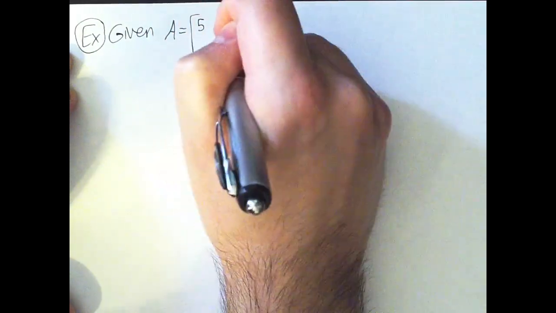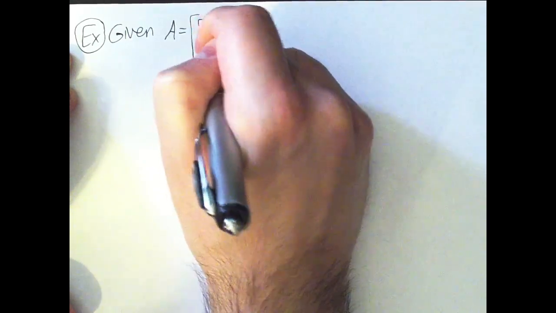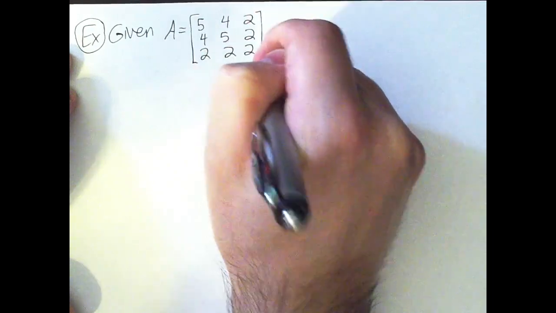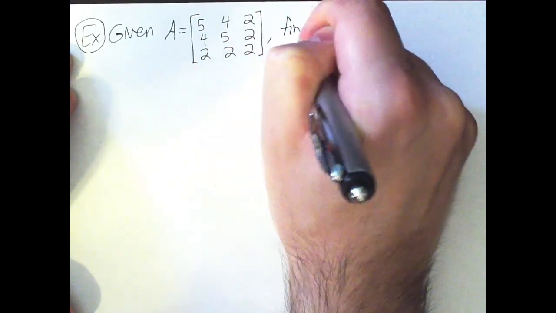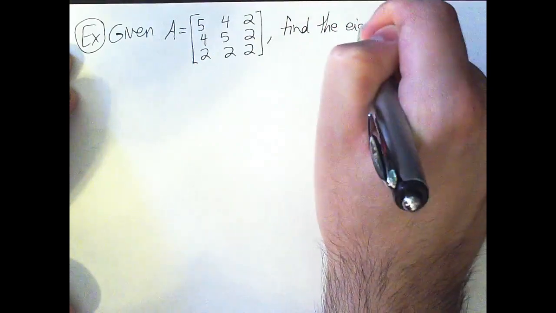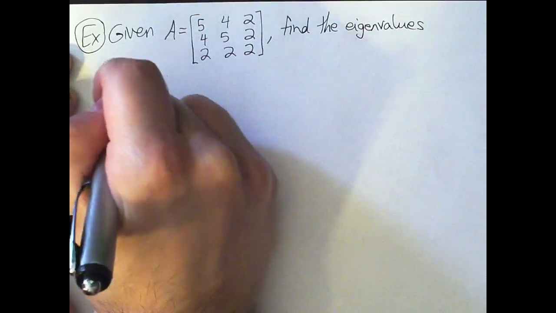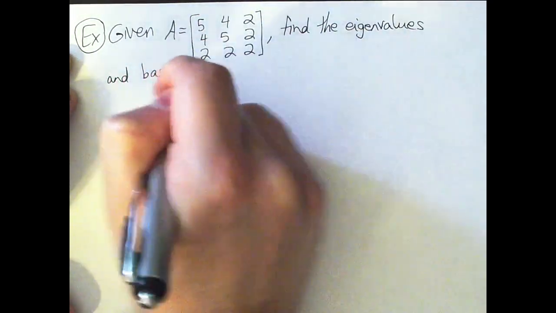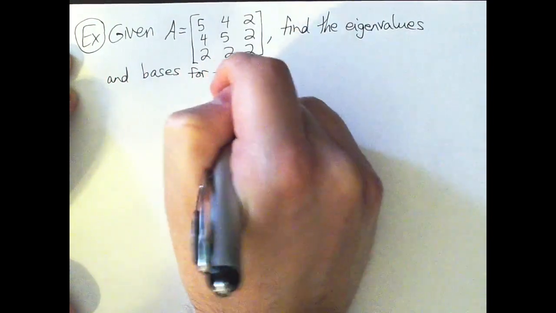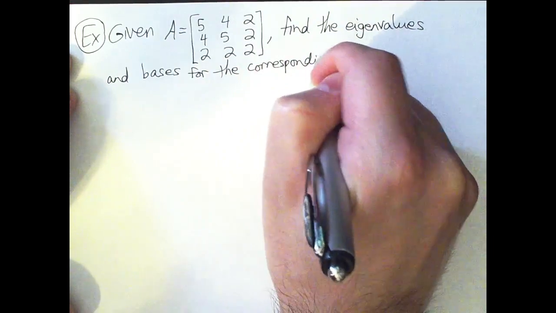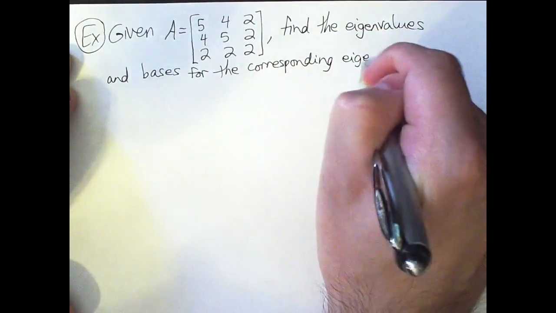We're going to be given a 3 by 3 matrix, A equals 5, 4, 2, 4, 5, 2, 2, 2, 2. And the problem is going to tell us to find the eigenvalues and bases for the corresponding eigenspaces.